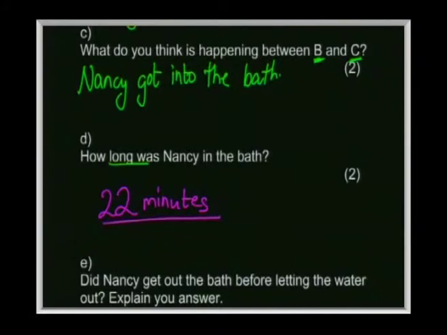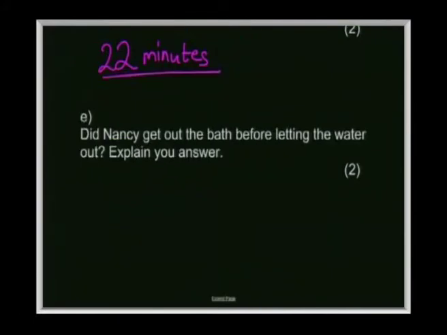And by doing that piece of detective work, we can already answer the last question E. Did Nancy get out of the bath before letting the water out? Explain your answer. And you would say here, no, she didn't.